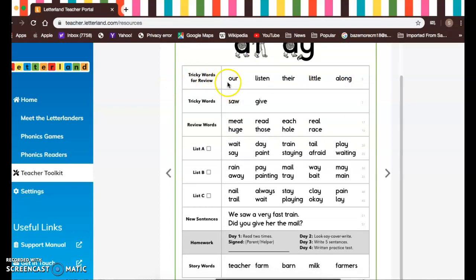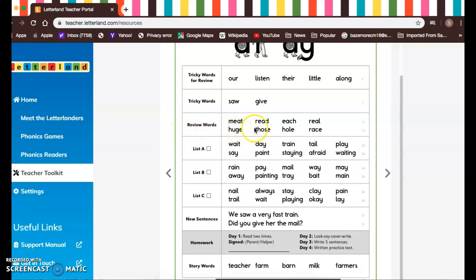Tricky words for review. Hour. Listen, there, little, along. Tricky words. Saw, give. Review words.